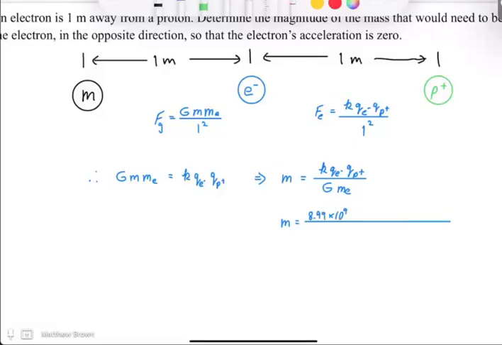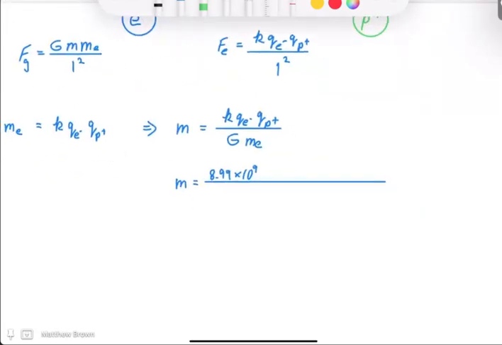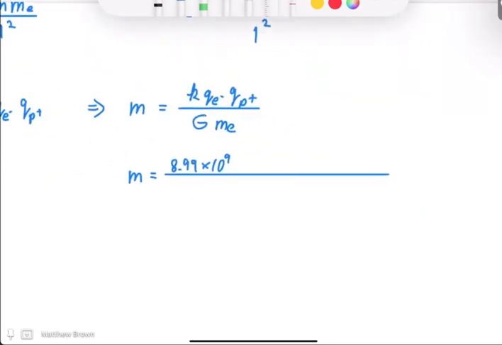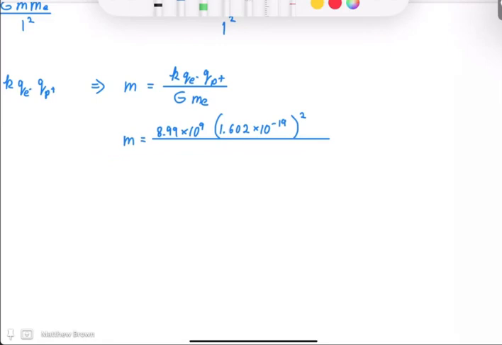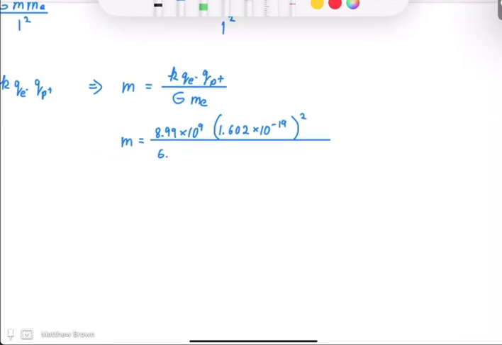The charge on an electron is the same as the charge on a proton. Both are going to be 1.602 times 10 to the negative, was it 19? Since this is the same, right, the charge on the proton is the same as the charge on the electron, I can just square this. G, we said before, was 6.67 times 10 to the negative 11.